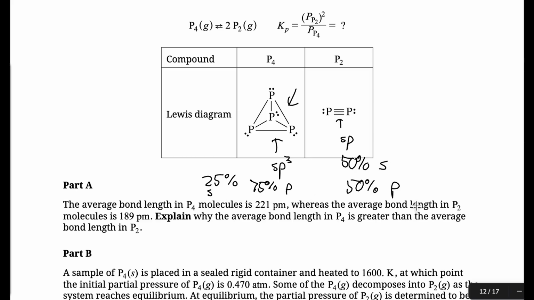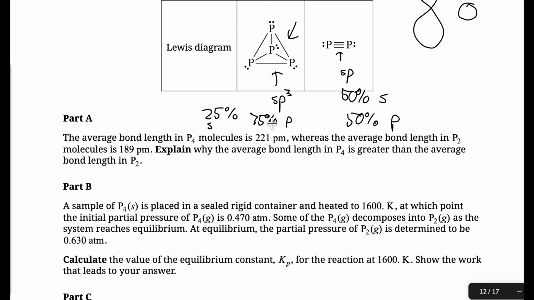So because of this, P orbitals are obviously larger than S orbitals. A P orbital is like this, and an S orbital is just like that. So since a single bond has more P character, then it is bigger. And that's why the average bond length is bigger in P4.